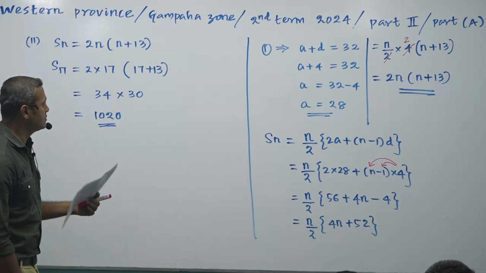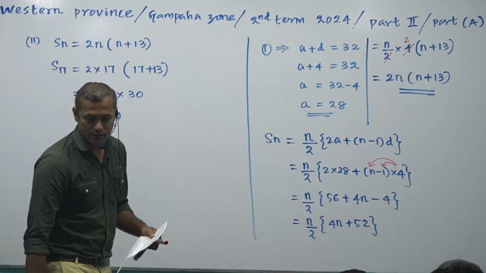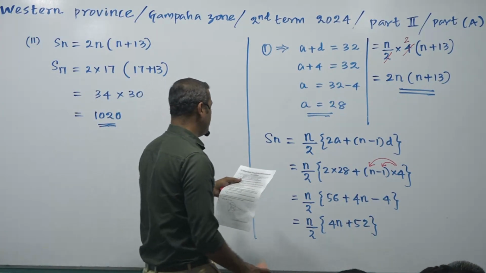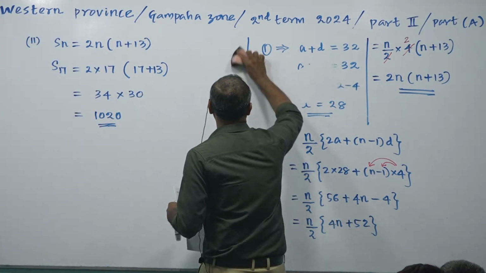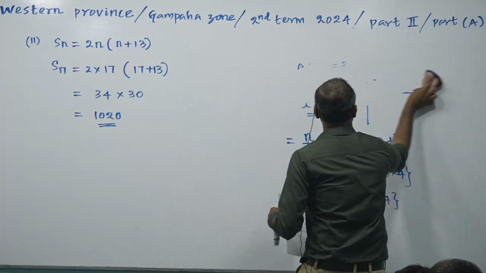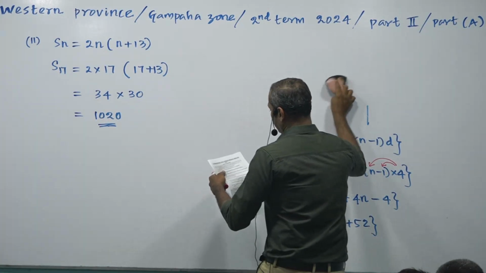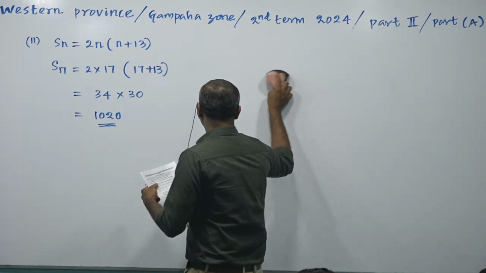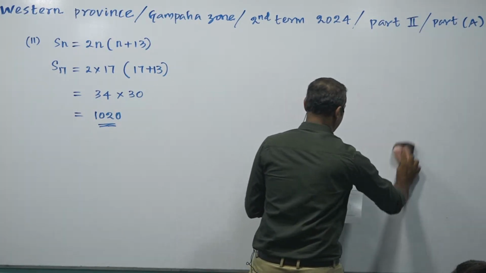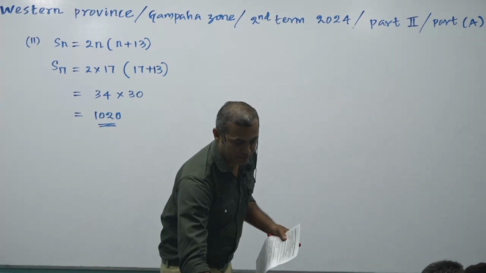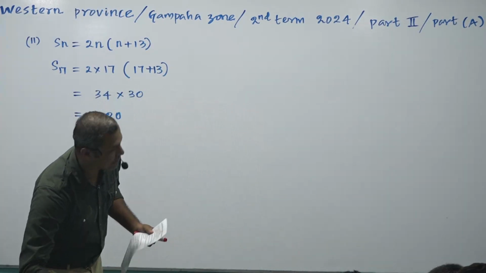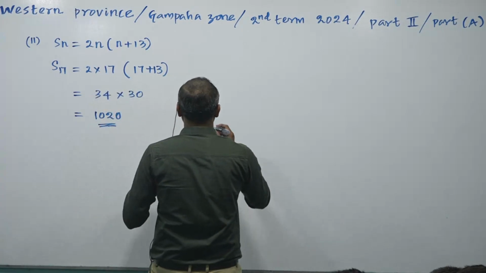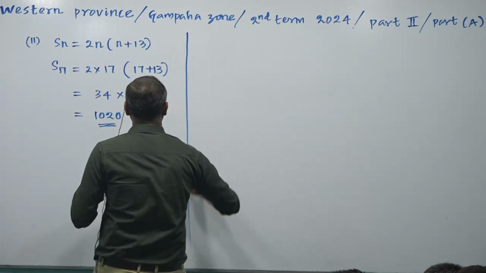B part. Look at the B part. The first 4 terms are 189, A, B and 7. Find A and B. These are the first 4 terms of a geometric progression.